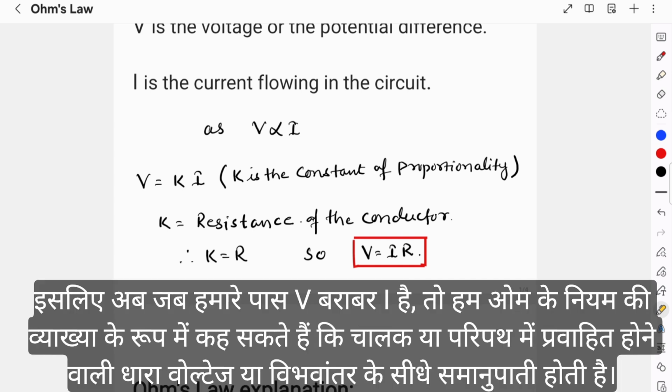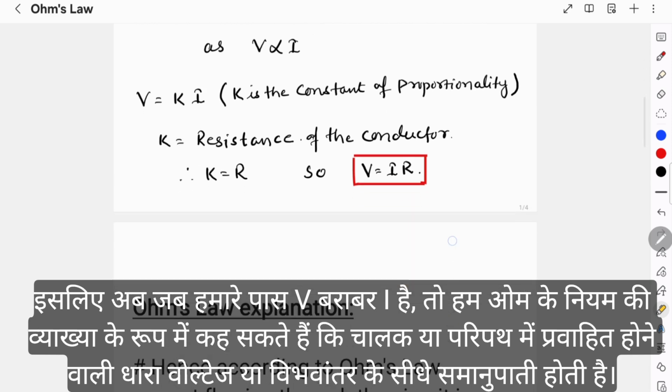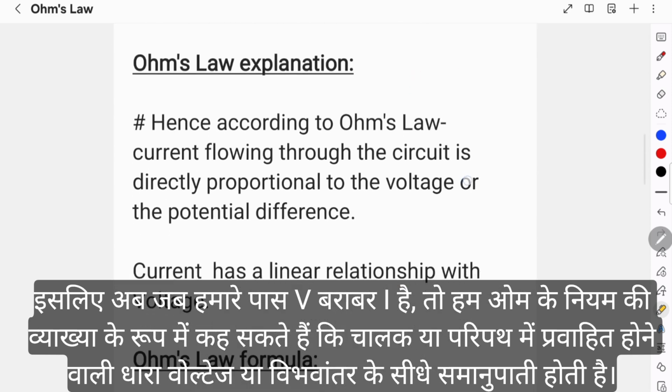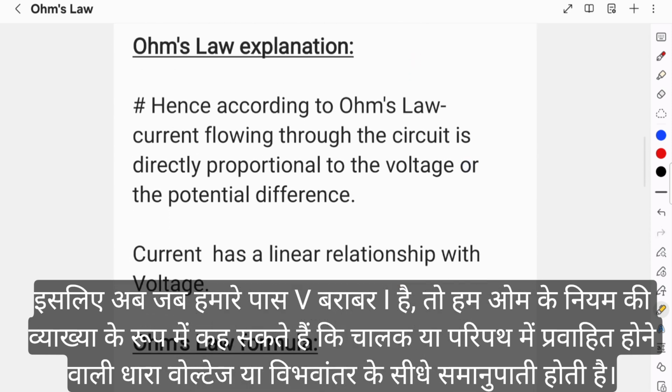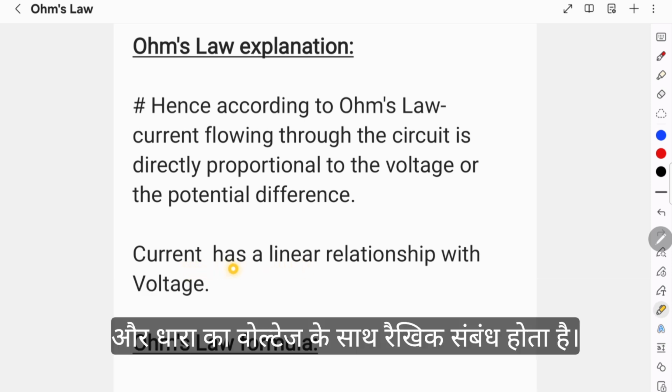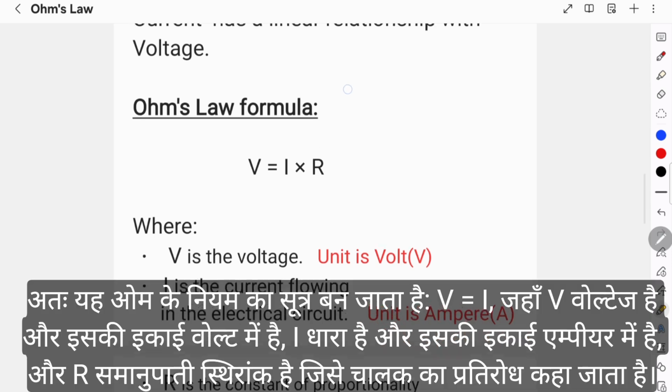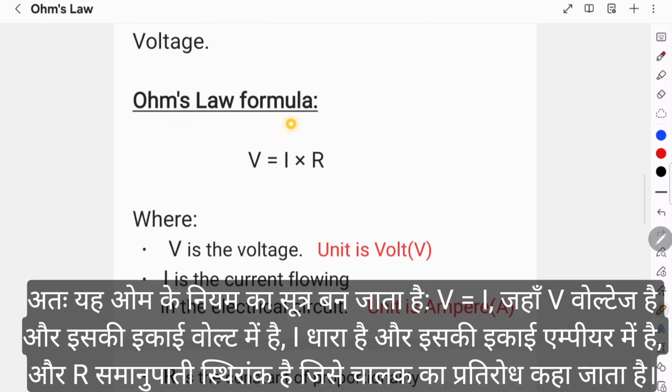So now when we have V is equal to IR, then we can say as the explanation of Ohm's law that current flowing through the conductor or the circuit is directly proportional to the voltage or the potential difference, and current has a linear relationship with the voltage.